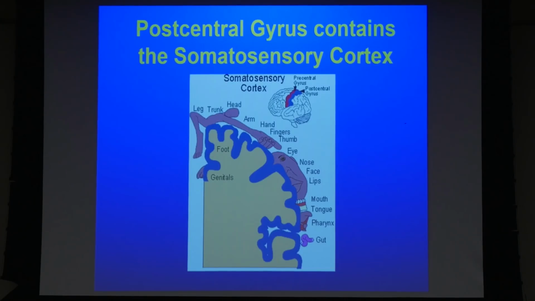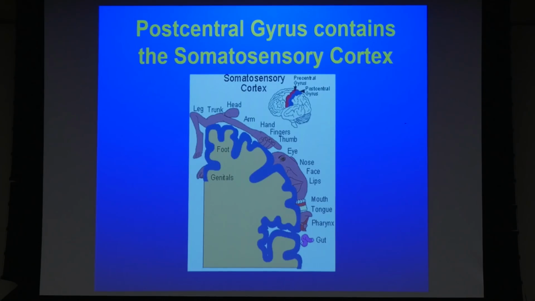This slide is meant to represent the so-called somatotopy of the somatosensory cortex. So again, to orient you, let's look at the brain. It's as though I'm facing the wall and we're looking at my left hemisphere. And looking at the left hemisphere, there is this deep fold known as the central sulcus. Immediately behind that deep fold is the post-central gyrus.